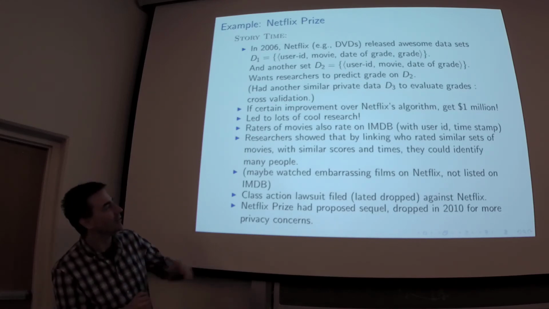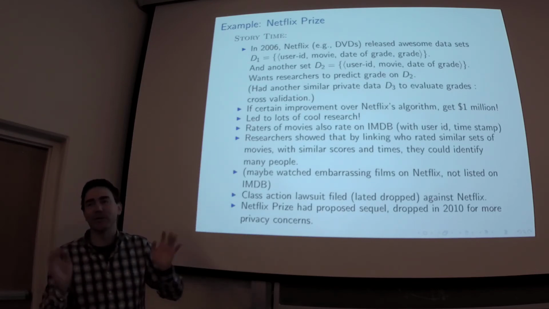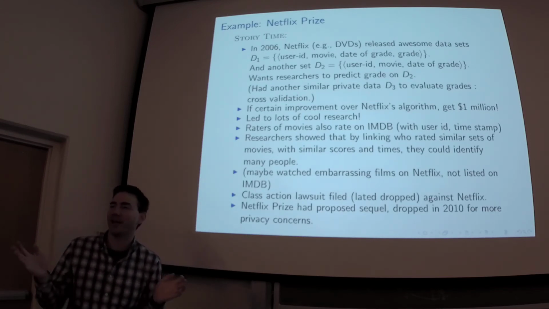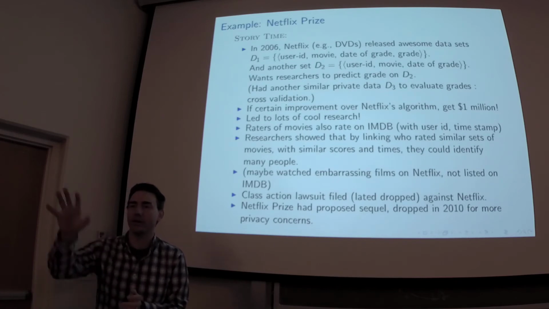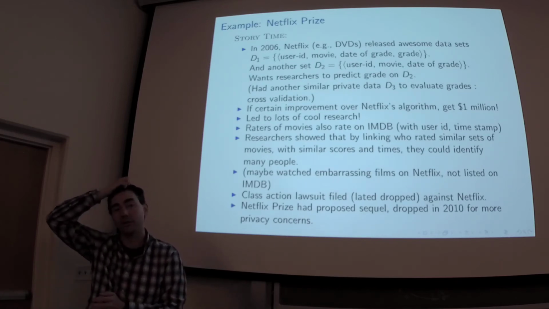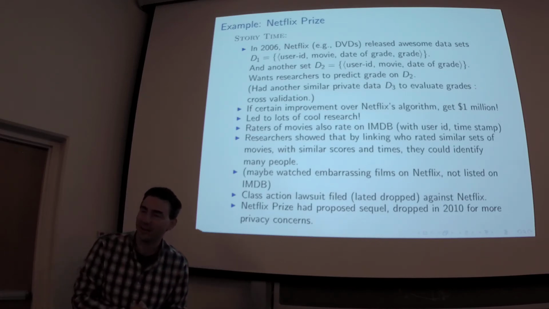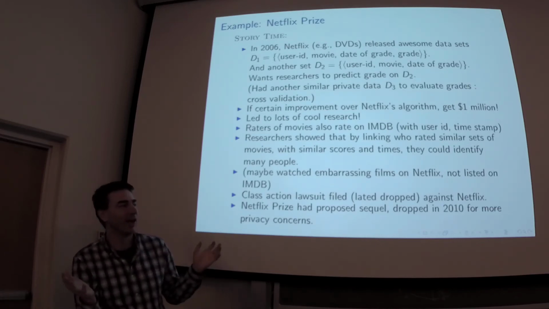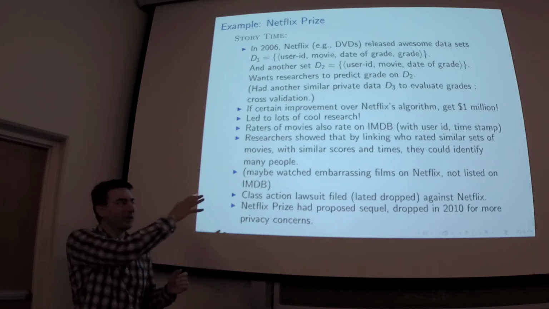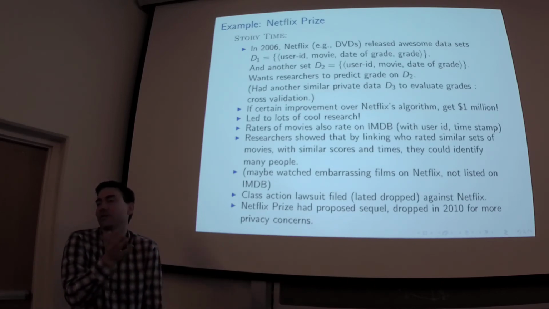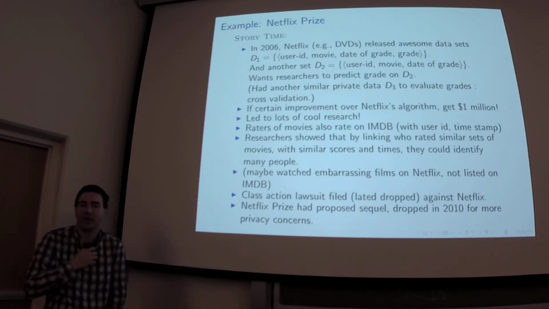The amount of effort put into this probably was, you know, one of the prominent teams was 3 senior researchers at AT&T Research. They spent a year on this. They probably had combined salaries of at least a third of $1 million, probably more than that.